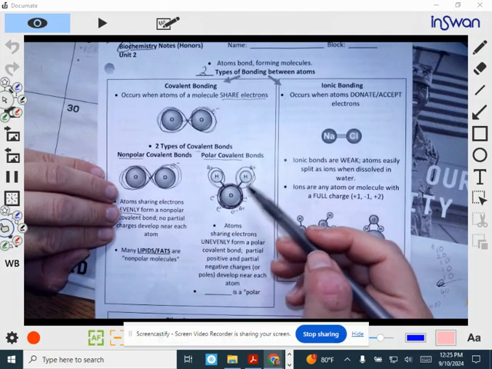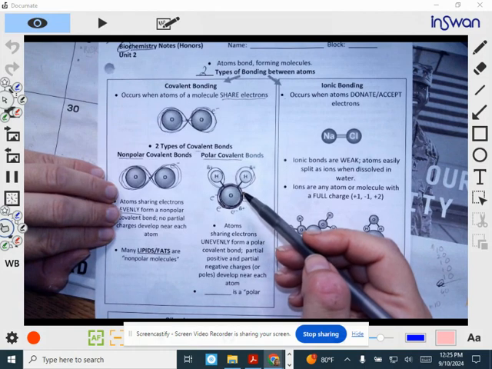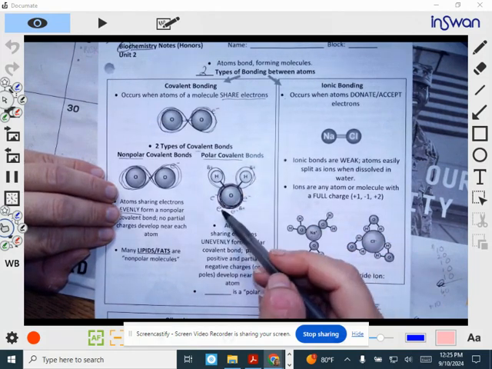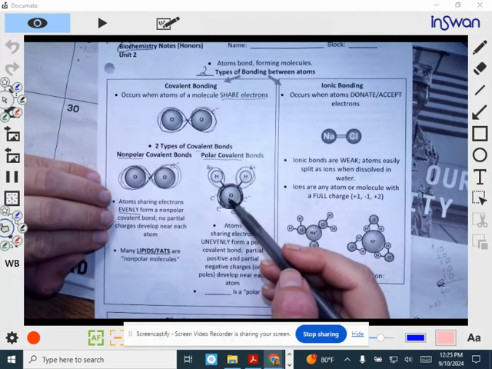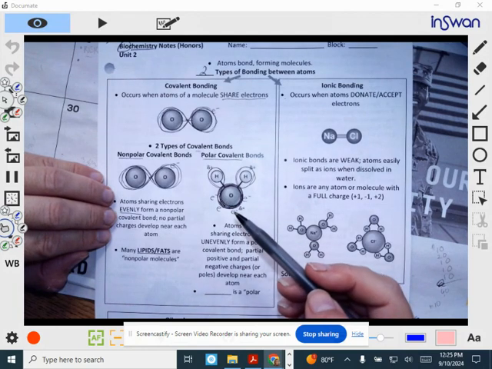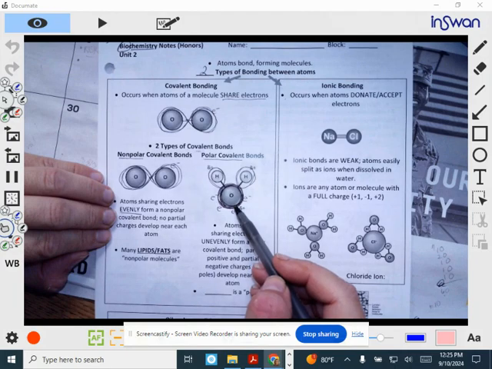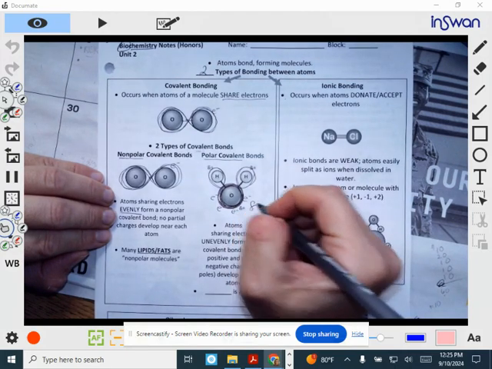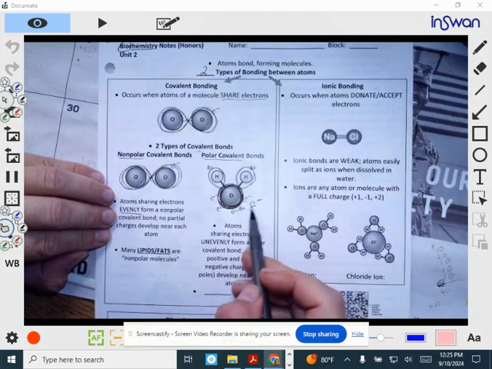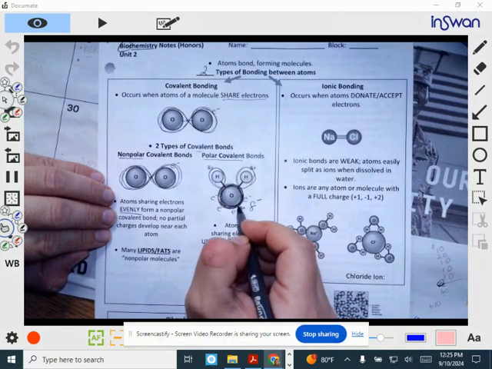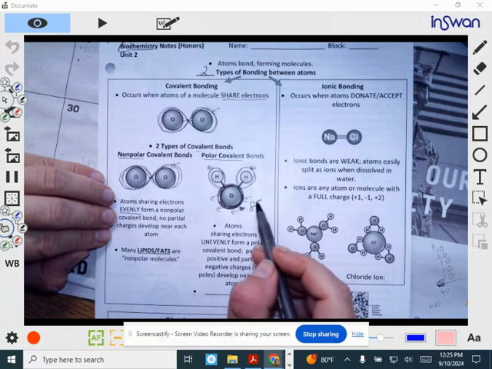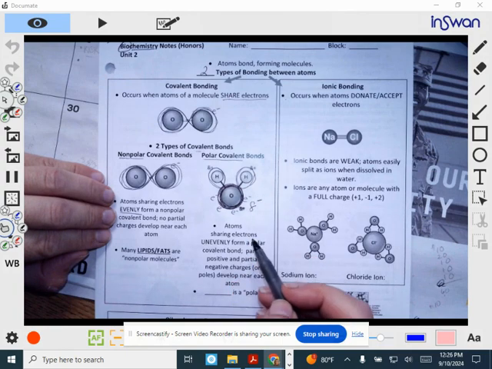So when atoms are sharing electrons unevenly, this molecule can develop positive and negative charges in different areas. Since there are more electrons around this oxygen, we say that the oxygen becomes partially negative. That's what this sign right here means. I'm going to mark through this one because it looks like it's incorrect. So we say that the oxygen develops a partial negative charge.